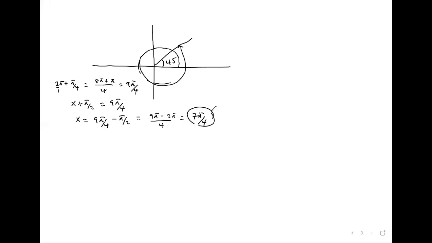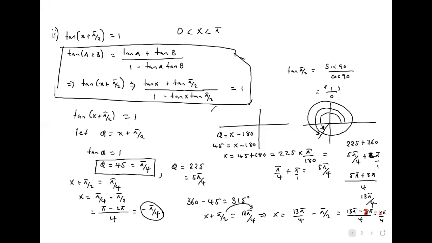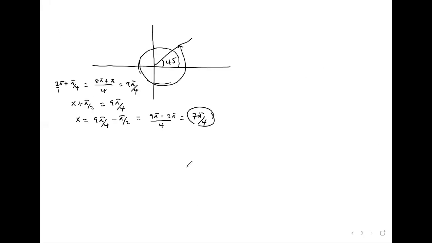Okay, let's go to the other one, in the third quadrant, where we get 225. So we'll say x plus pi over 2 is equal to 5 pi over 4. This should be 225. So x is equal to 5 pi over 4 minus pi over 2. That's 5 pi minus 2 pi, which is 3 pi over 4.